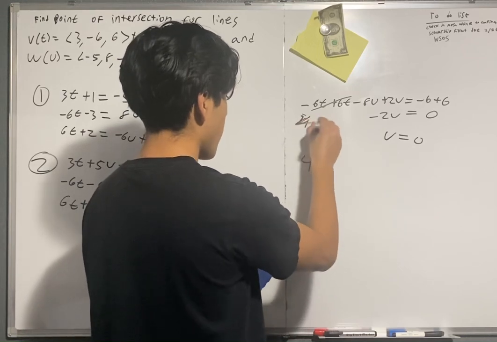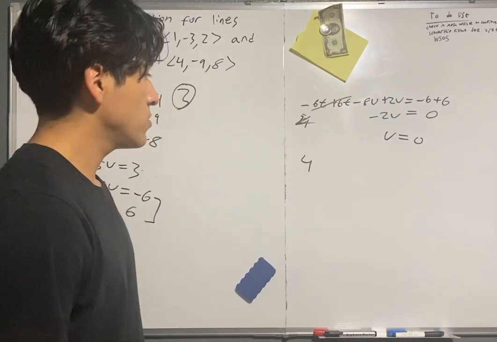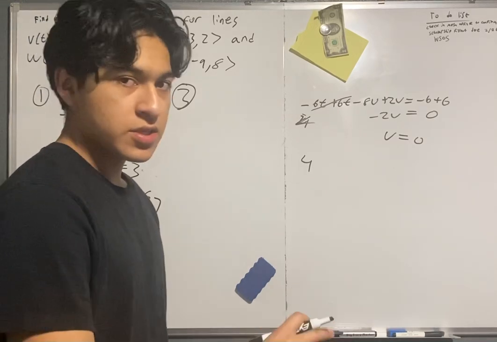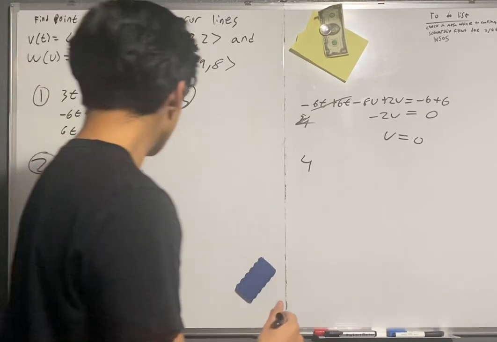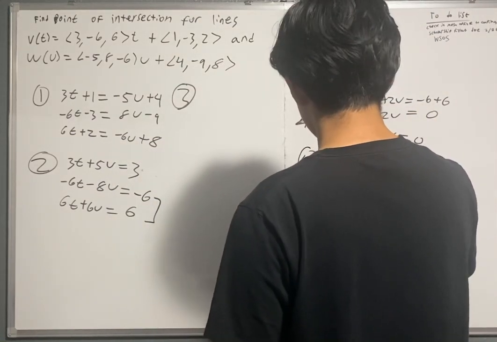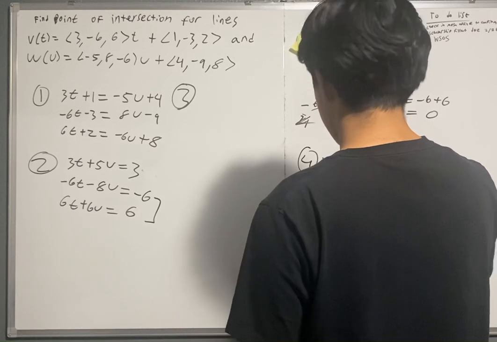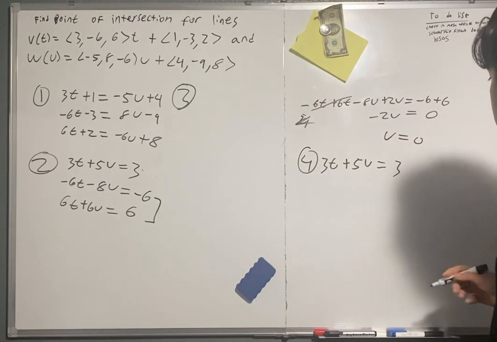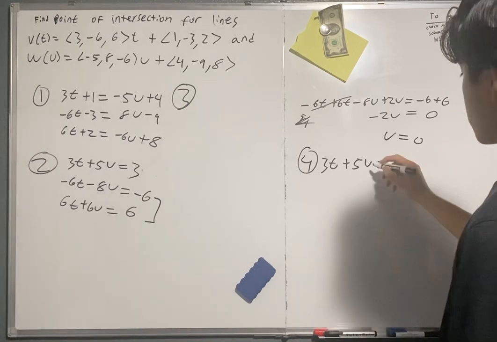Step 4, we're going to plug in u into our first equation here, so we can find t. So 3t plus 5u is equal to 3. And we plug in u, which is 0.